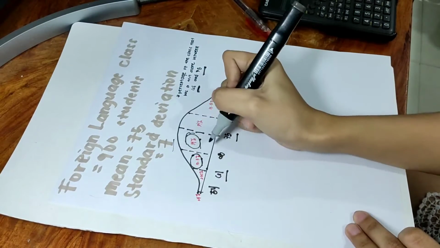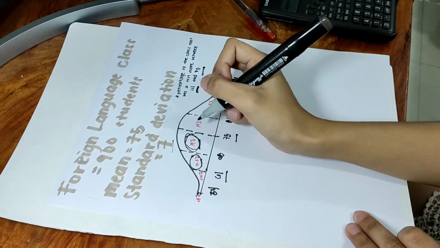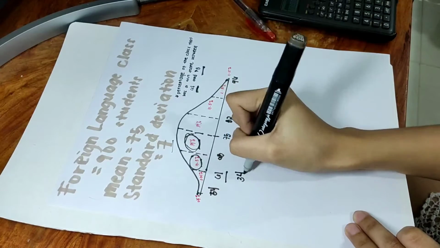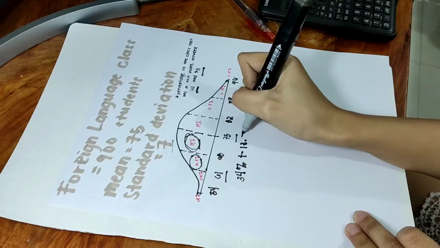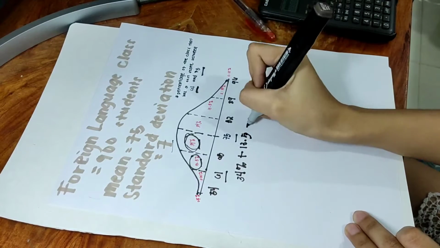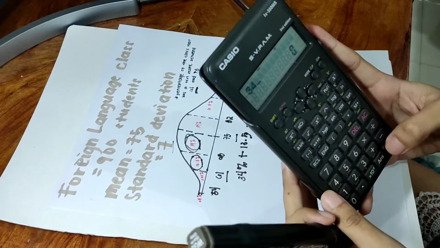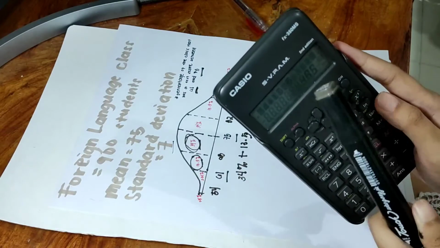So, you need to add 34% plus 13.5. This area. Let's add first, 34 plus 13.5. You'll get 47.5.